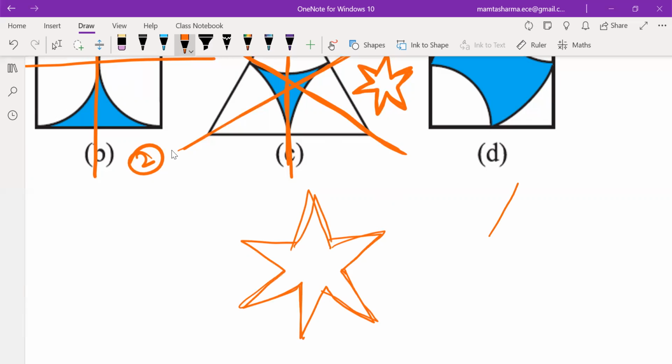If this is like this, below this there is a triangle, and just opposite to that there is a triangle.